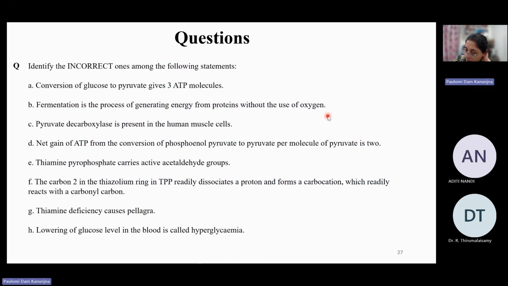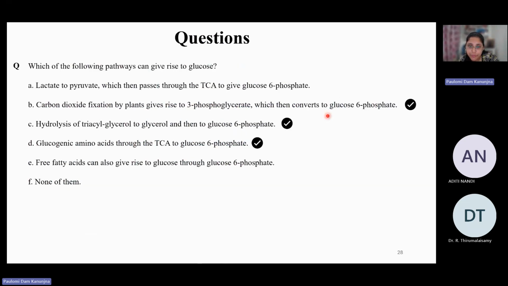EFG is only correct. Oh, wait. A, B, C, D, F, G, H, E, F, G. Okay, okay. Yeah, I think in my answers also I've got one wrong thing.